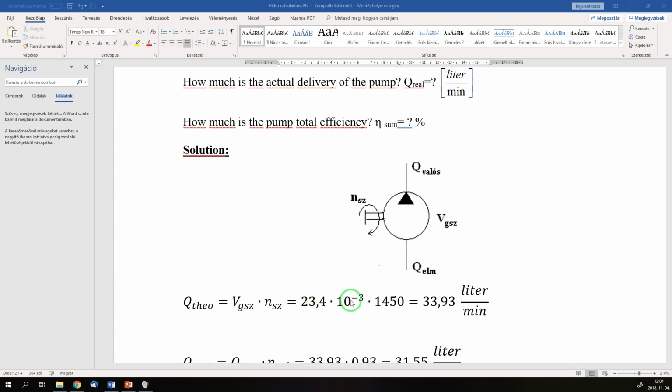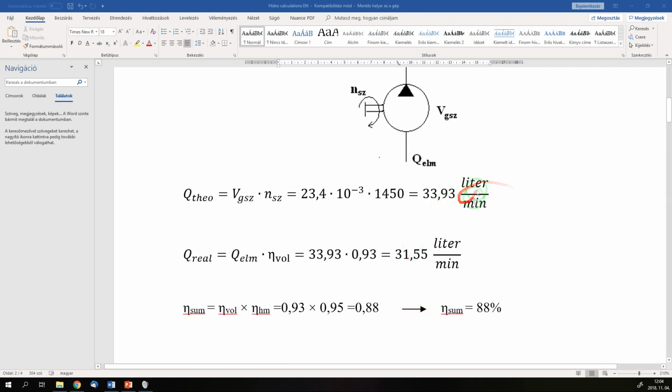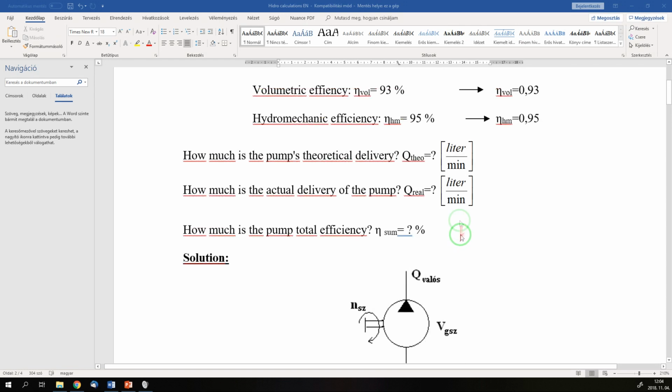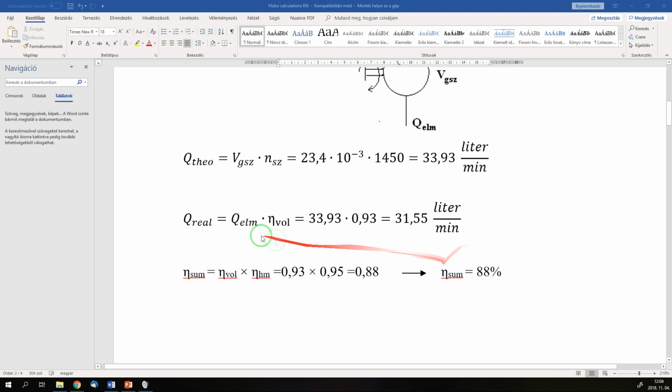If you want, you can always use SI, but in this case I think it's much easier to use liter directly as the geometric volume. So we can calculate it directly in liters per minute.